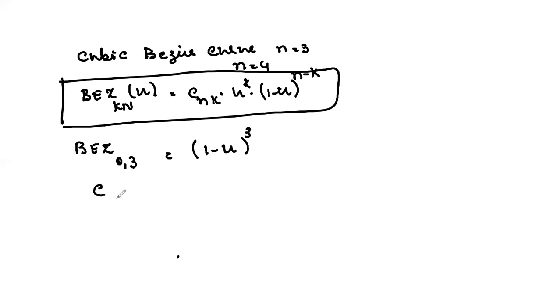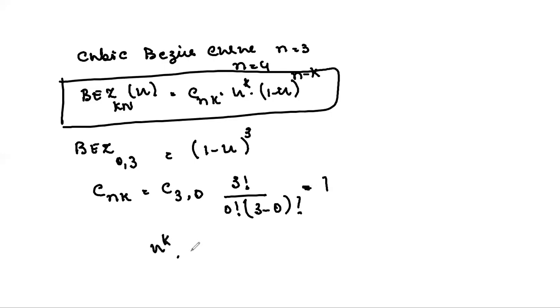Now if I calculate C of n, k, which is equal to C of 3, 0, what is the value? It is 3 factorial over 0 factorial into 3 minus 0 whole factorial, which evaluates to 1. Now u to the power of k, with k equal to 0, is u to the power 0, which is equal to 1.